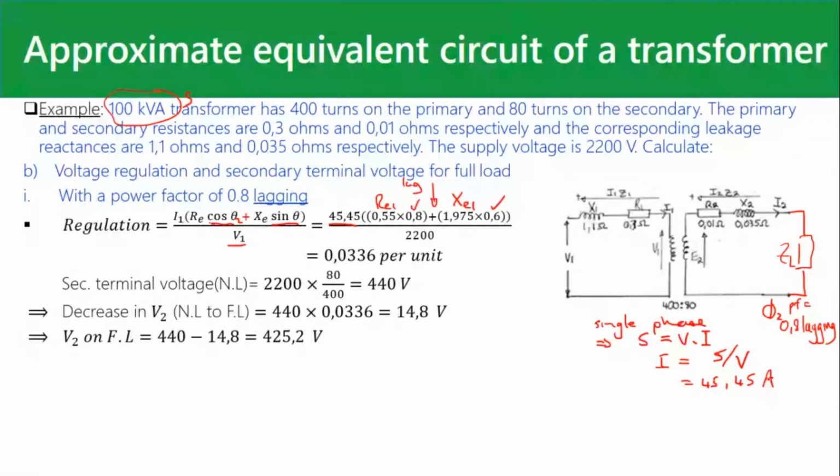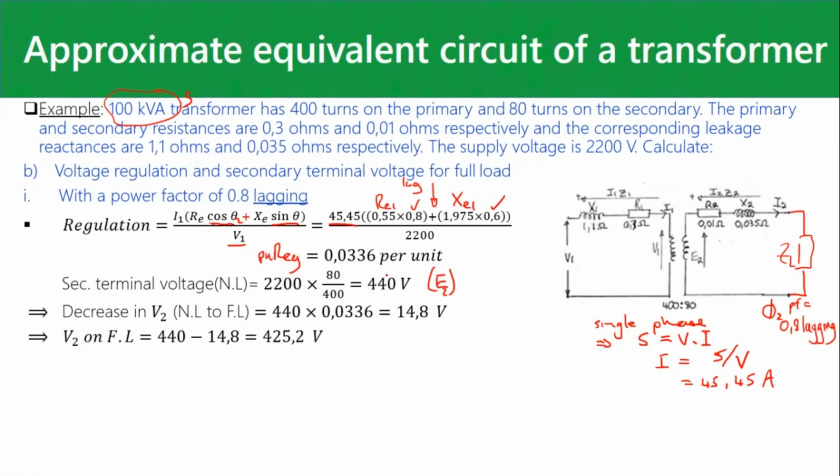All right. So now if I put all of those numbers in there, then I get my per unit regulation. This is what I need. So what I can do is work out E. Here's my E value, E2. It's E1 or V1 times the turns ratio, N2 over N1.